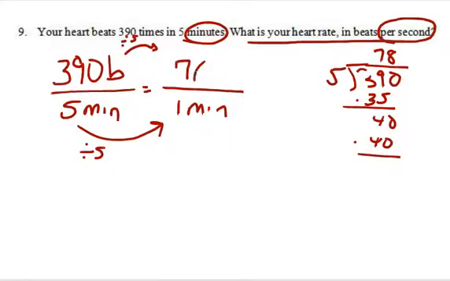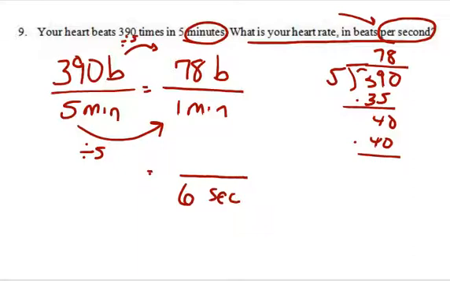So it's 78 beats per minute. And since we're talking beats per minute, we can change that to beats per 60 seconds, because we want to change it to beats per second.